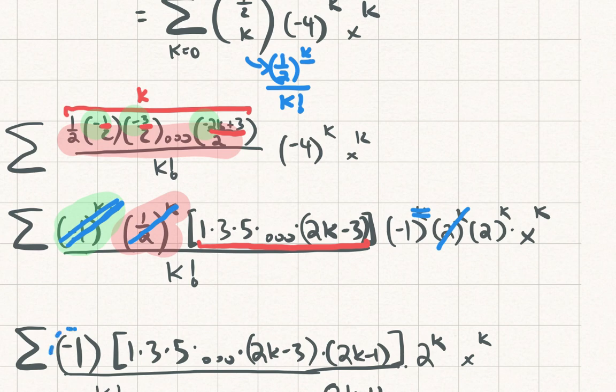And I notice that I only have k minus 1 numbers here. So it probably makes sense to write this in terms of a product of k numbers. So I'm going to multiply and divide by the next number in the sequence. I'm going to multiply by 2k minus 1, and I'm going to divide by 2k minus 1 here.